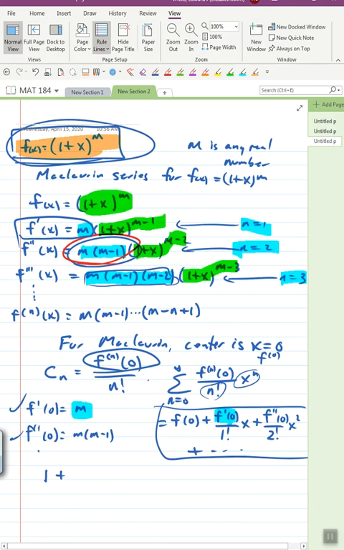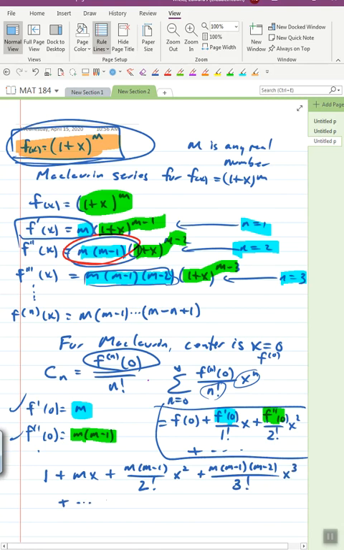m over 1 factorial times x, that'd be mx. What's the second derivative? Well, we said that was, wherever I wrote it, m times m minus 1. So that would be m times m minus 1 over 2 factorial x squared. What's the next one? It's m times m minus 1 times m minus 2 over 3 factorial x cubed.